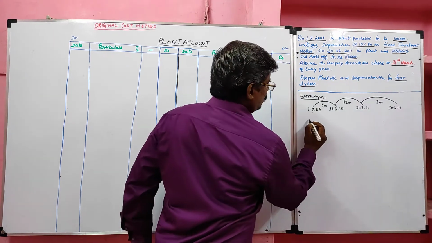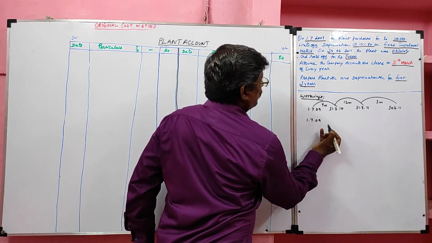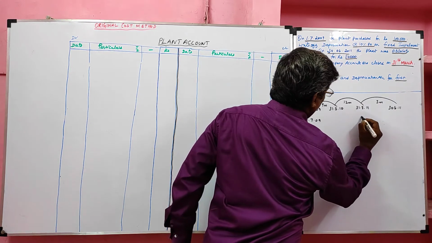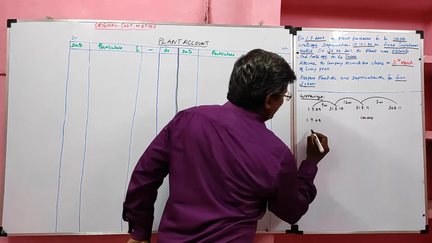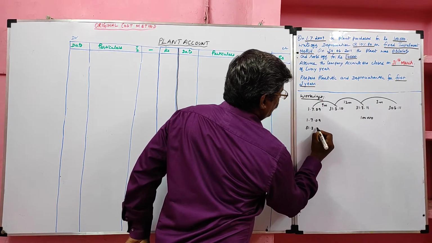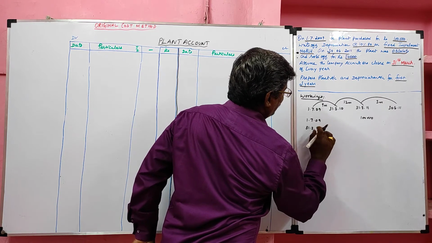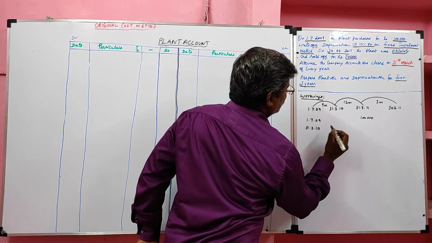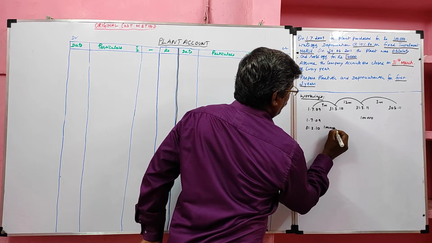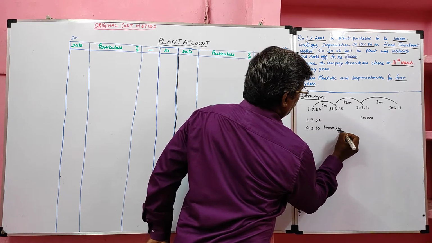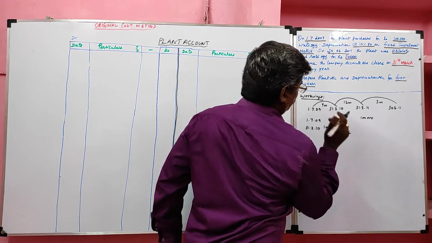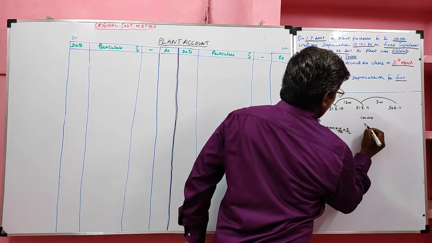Now I am going to do the complete working. They bought for 1 lakh. First year ends on 31st March 2010. Value 1 lakh into 10% into 9/12. How much is it? 7,500.